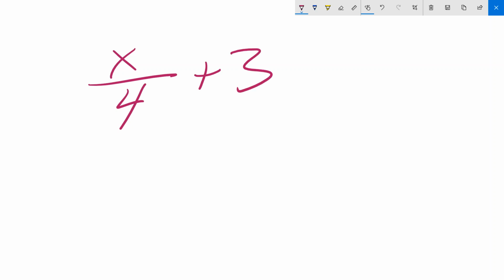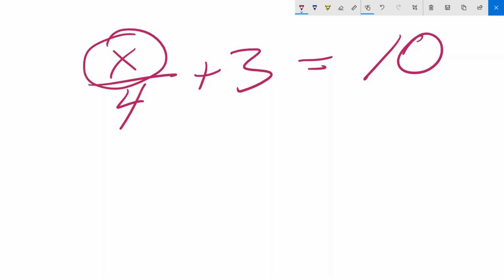Now I'm going to make it a little bit harder by doing this. Now what's the first step? Getting x by itself. Well, we're still trying to isolate that. We've got it being divided by 4, and we've got that whole thing adding 3.